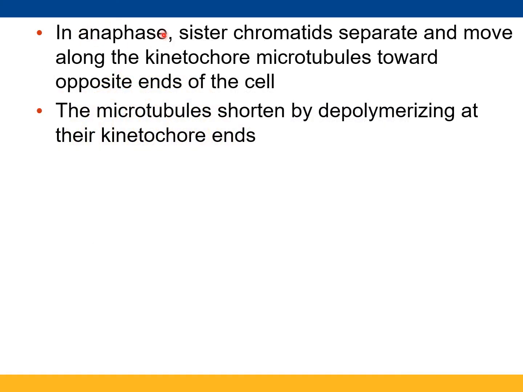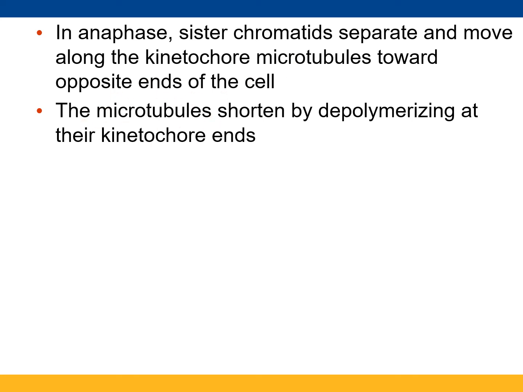Anaphase, the next phase in cell mitosis, is when we have separation of the sister chromatids. So they're all lined up at the metaphase plate, and when that separation ensues and the migration of those sister chromatids, now called chromosomes, that's what defines anaphase.